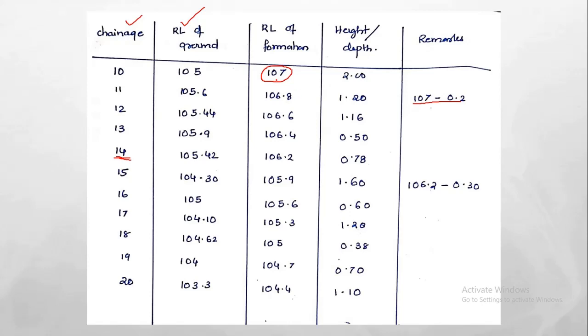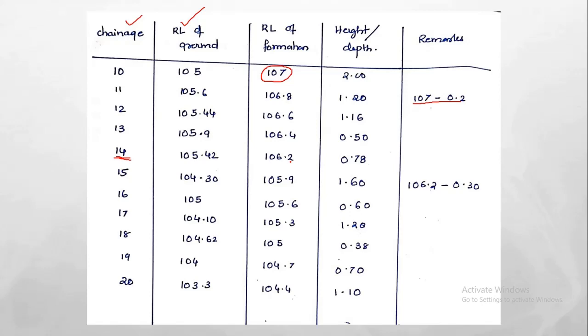So താഴേക്ക് പോവാണ്. 107 106.8 ആയി, 106.6 ആയി, 106.4 ആൻഡ് ഫൈനലി 106.2. അവിടെ വരെ ചെയിൻ ഏജ് 14 വരെ 0.2 ഡിഫറൻസ് വെച്ച് ഫോർമേഷൻ ലെവൽ കുറഞ്ഞുകൊണ്ടിരിക്കുകയാണ്.